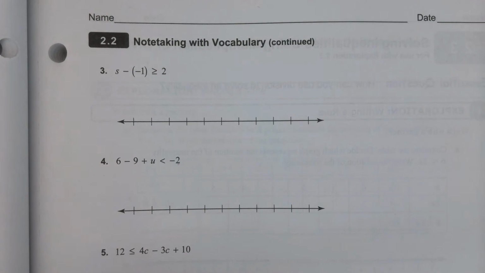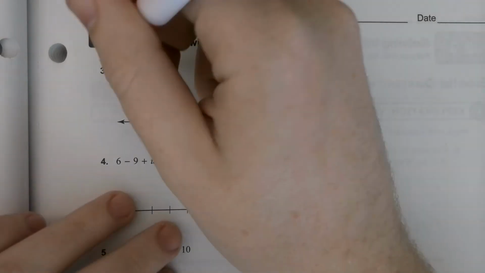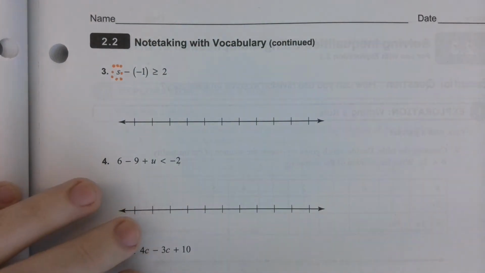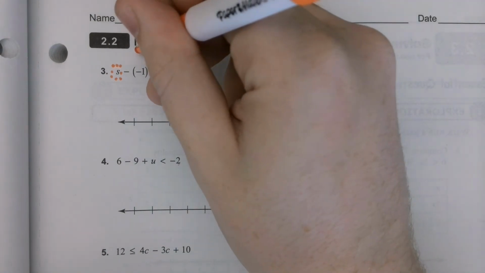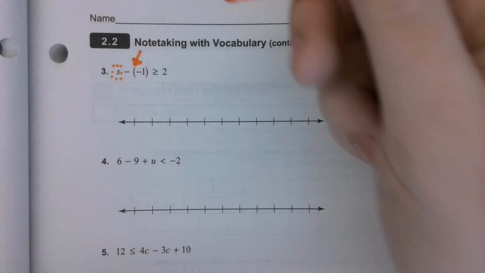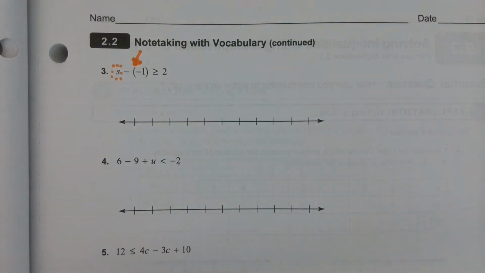Let's take a look at the problem. s minus negative 1 is greater than or equal to 2. Our goal is to get the variable by itself. So we need to look at what's attached to our s. The thing that's attached to our s is this minus negative 1. Now, negatives can scare a lot of people, but as long as you remember the steps, it will tell you what you need to do.